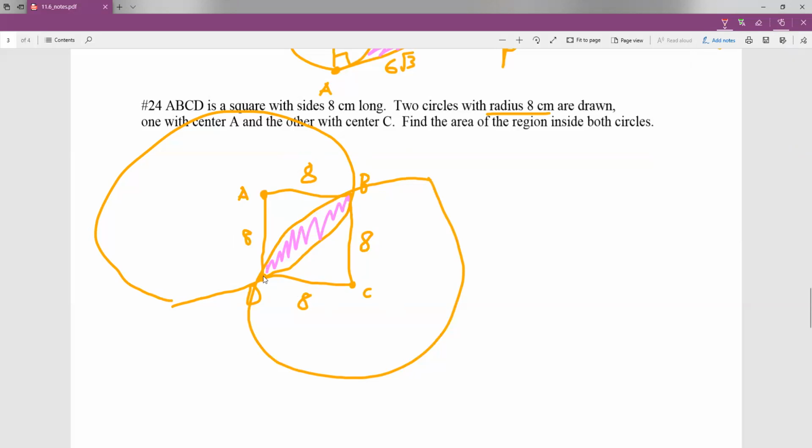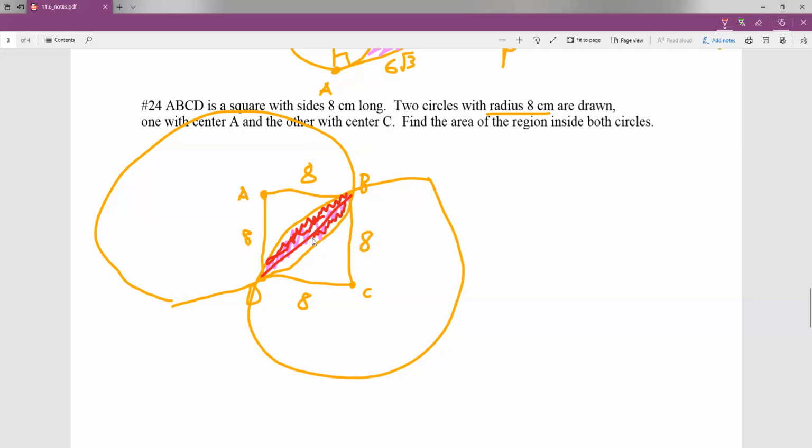So in order to find this section, there's actually a couple ways you can do it. But the way that I'm going to do it is I'm going to find this sliver here, which is the sliver for circle C. And then I'm going to do the same thing on the other side.